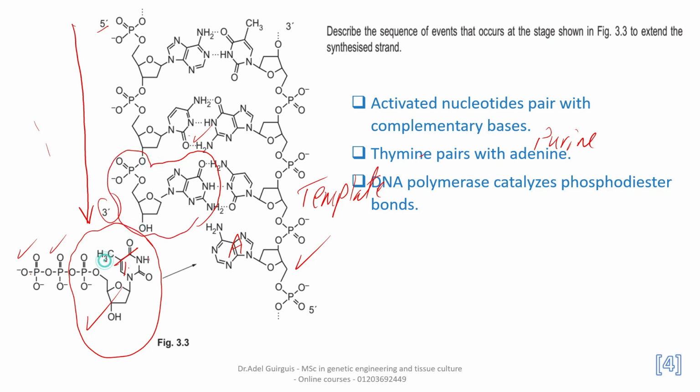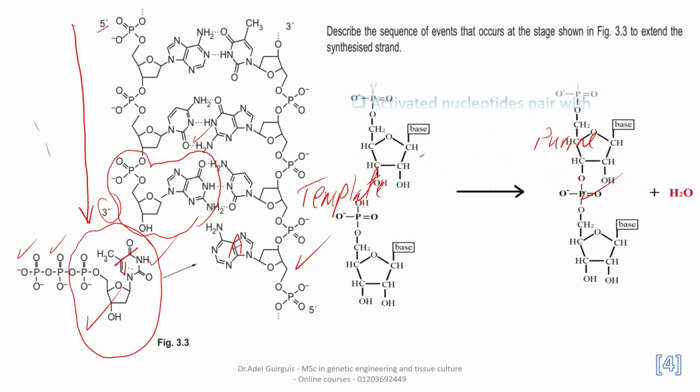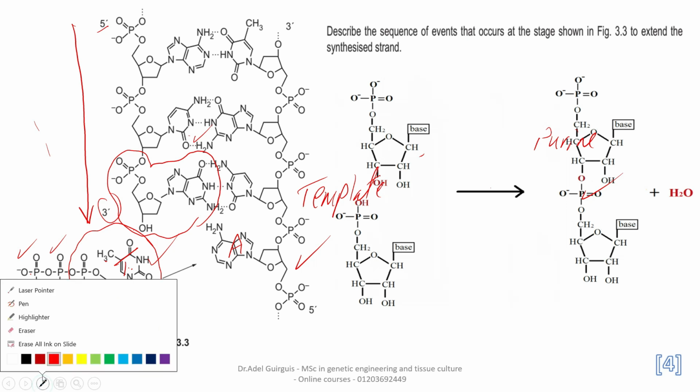How does DNA polymerase catalyze the phosphodiester bond? The new strand elongates from 5' to 3'. Now an extra nucleotide is added in the direction 5' to 3'. Look at the phosphodiester bond, how it is formed by the DNA polymerase enzyme.